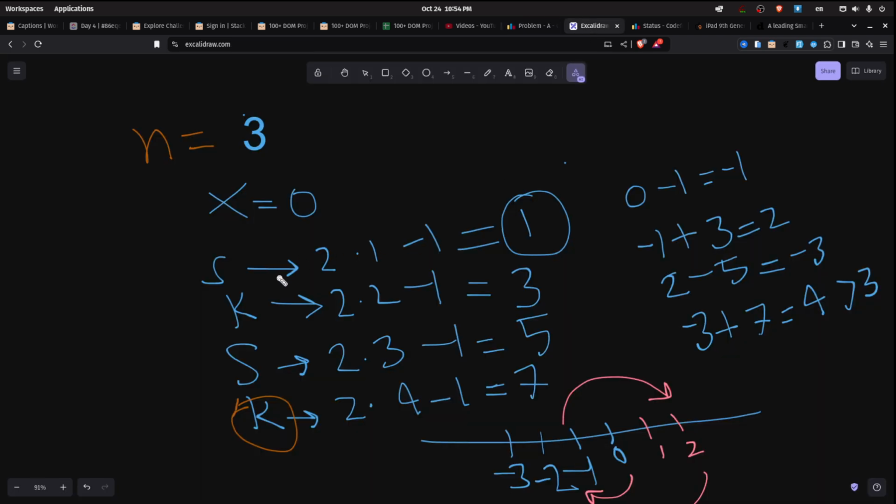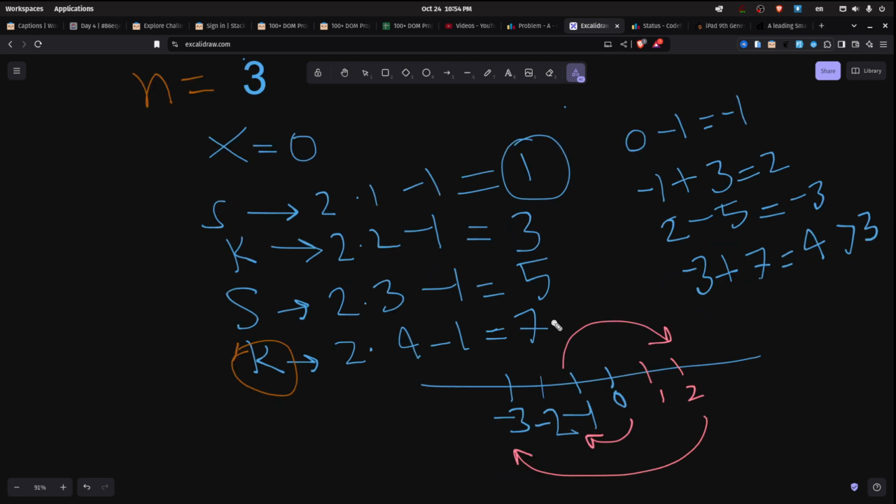Since the first turn is for Sakurako, her move is 2 times i minus 1, where i starts from 1, so that means 1. If this is the coordinate line, at first I am in this position.